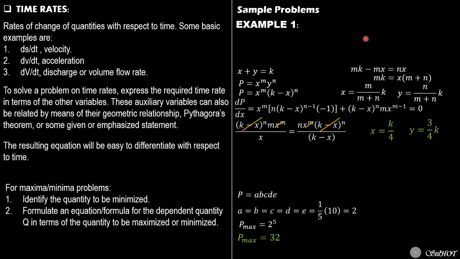But remember that there are three possible occurrences of the maximum or minimum value, not only at the point where the first derivative is zero. So it may be at the left endpoint, at the right endpoint, or at the point where y prime is zero. Now, if it occurs at the point where y prime is zero, you have to consider concavity to test it by evaluating the second derivative.